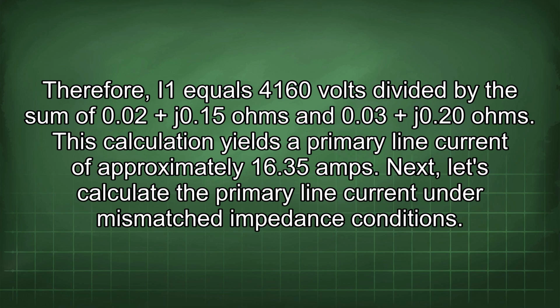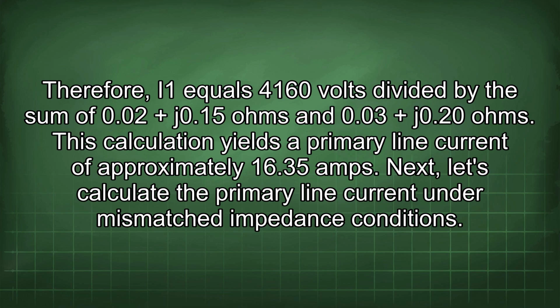Therefore, I1 equals 4160 volts divided by the sum of 0.2 plus j0.15 ohms and 0.3 plus j0.20 ohms. This calculation yields a primary line current of approximately 16.35 amps.